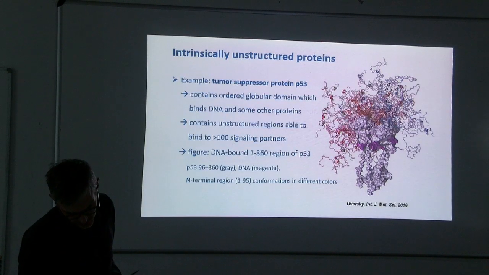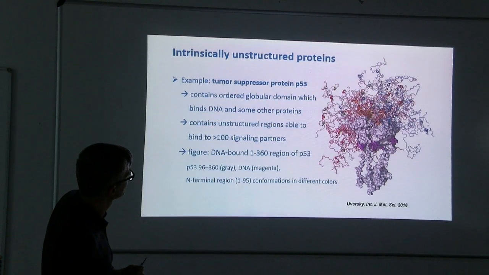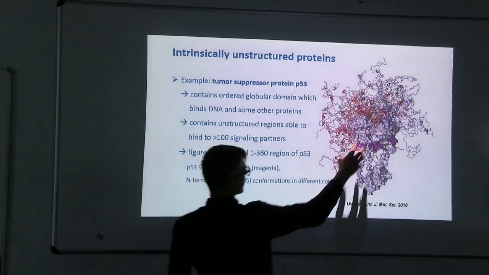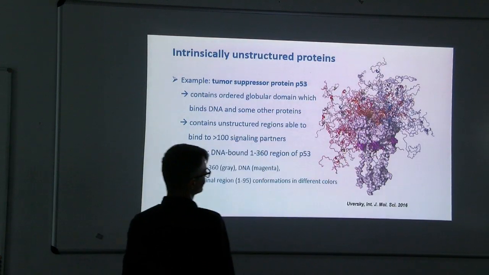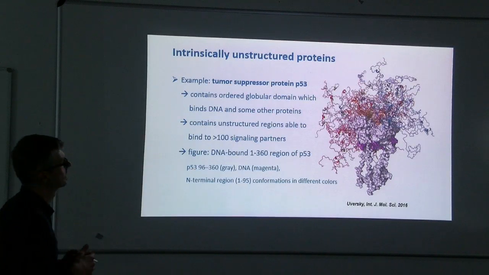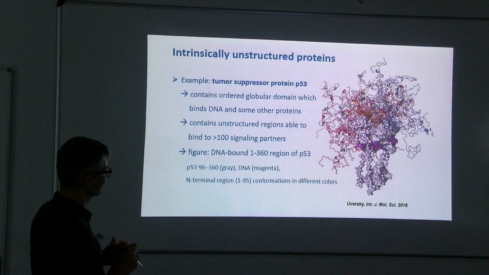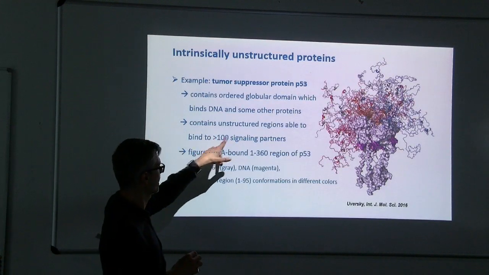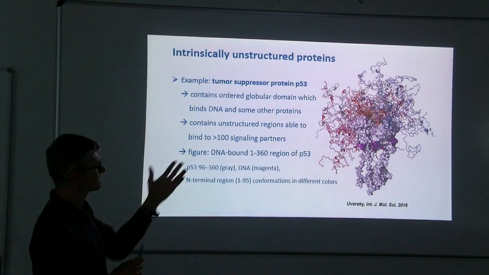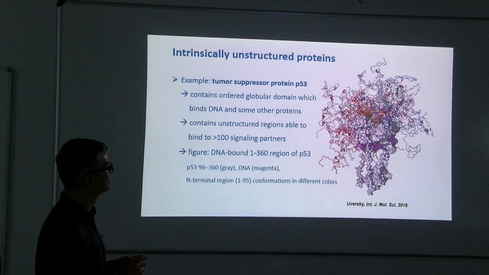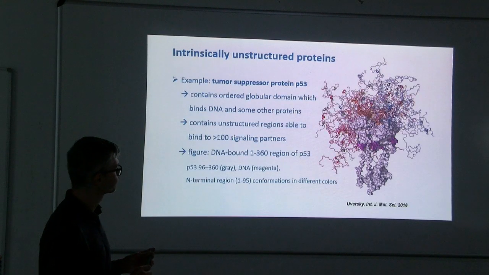And then this is the one that I referred to earlier, TP53 or P53, the tumor suppressor protein. It has a stable region in the center and then lots of other regions at the beginning and at the end of the protein that are unstructured and able to bind actually more than 100 signaling partners. So this is why this protein can bind so many different partners.